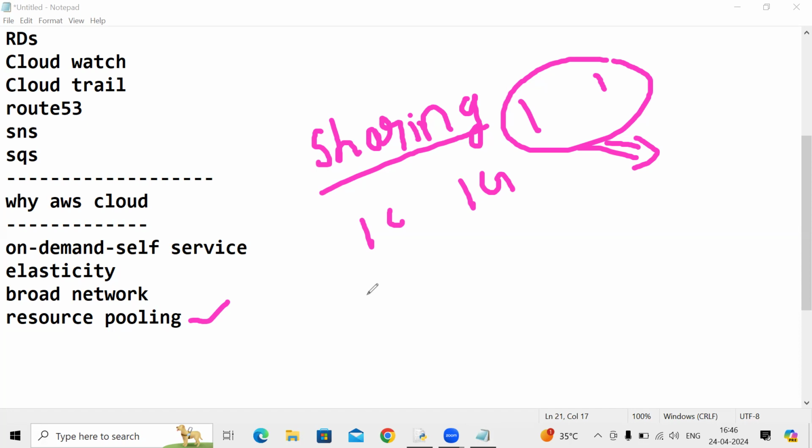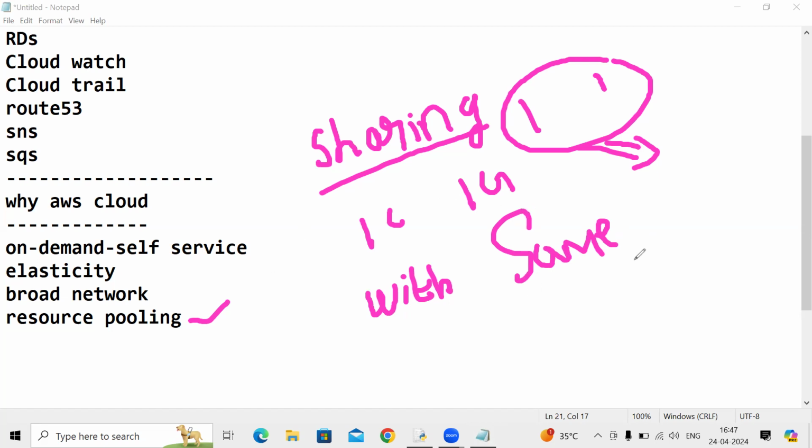If it is a public auto, other persons also travel with you in the same auto. Here you are sharing the auto, the place in the auto, with others also. This is nothing but resource pooling.